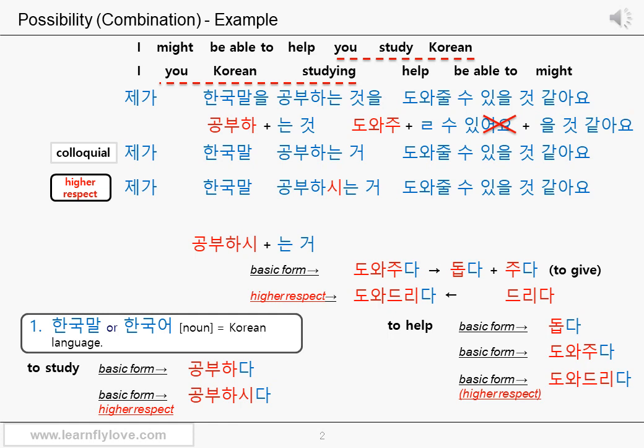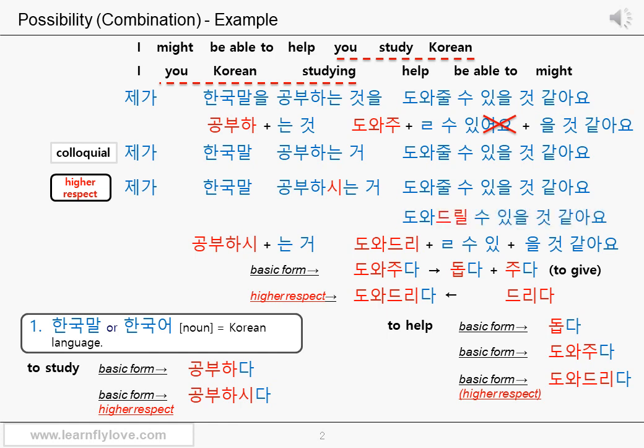Okay? 을 수 있을 것 같아요 part is the same because it's all related to the main subject I. You don't have to change anything. So the stem of 도와드리다 is 도와드리. And add the final ㄹ consonant and 수 있을 것 같아요. 도와드릴 수 있을 것 같아요.